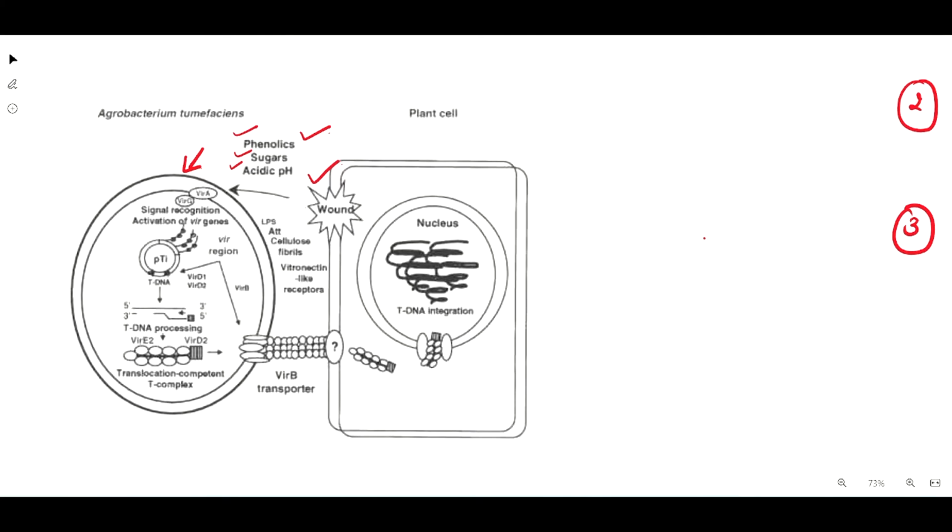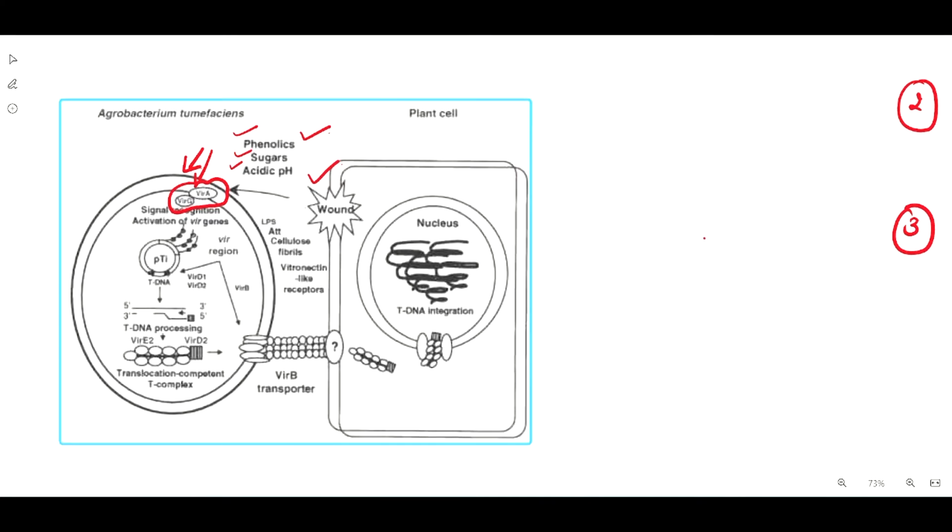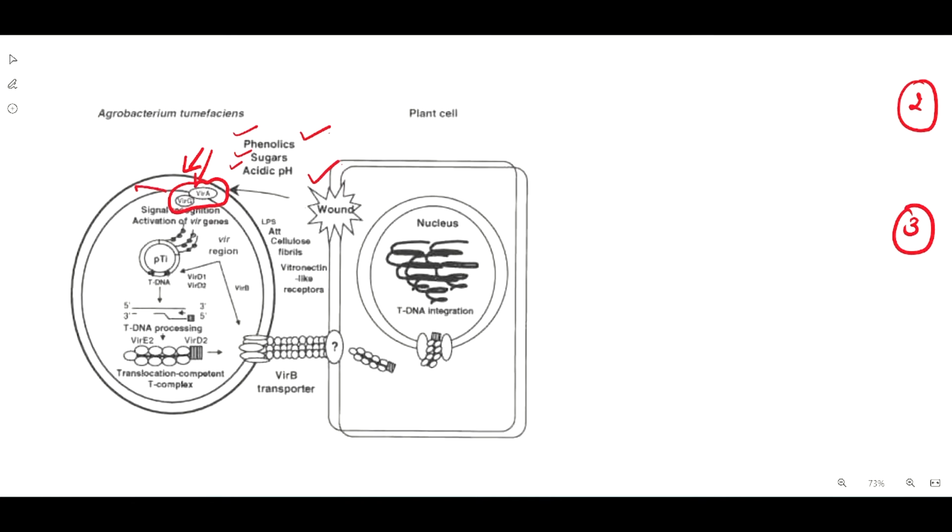During the release of these chemicals, they attract the bacterium and activate certain systems. First is the activation of the chromosomal virulence gene system, ChvG and ChvI, which then activates the VirA and VirG system. And this VirA and VirG system then leads to the activation of Vir gene expression.